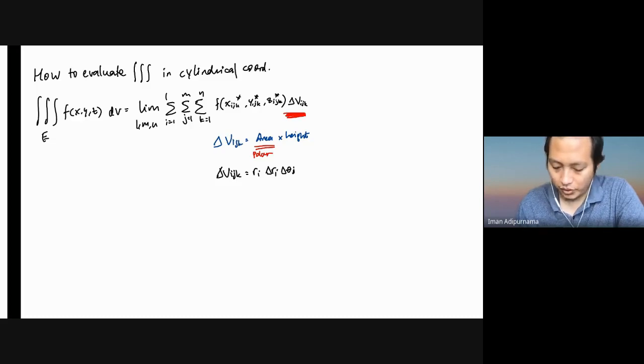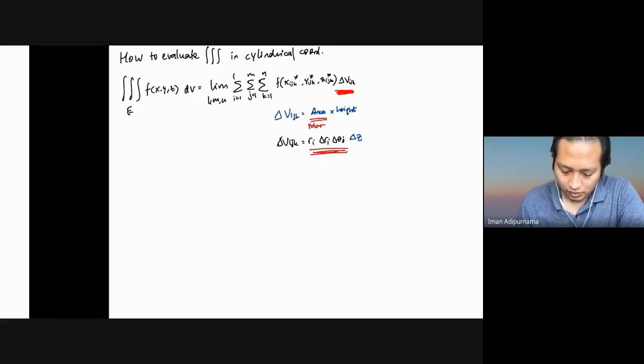I believe we have discussed this, the polar, and the height is just delta z. So these two integrals here will be the polar double integral, and this will be z.